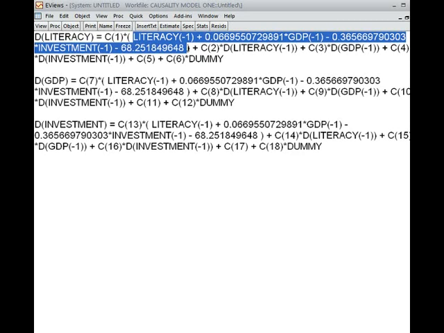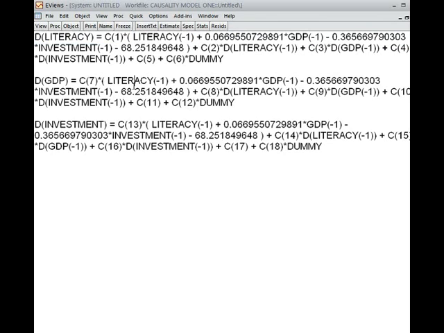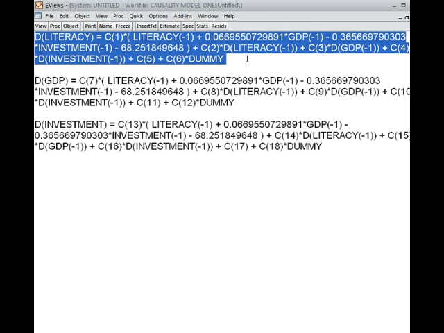We take the residual from this equation, and that will be used as an error correction term. Okay, so we need this one. We need only this one.